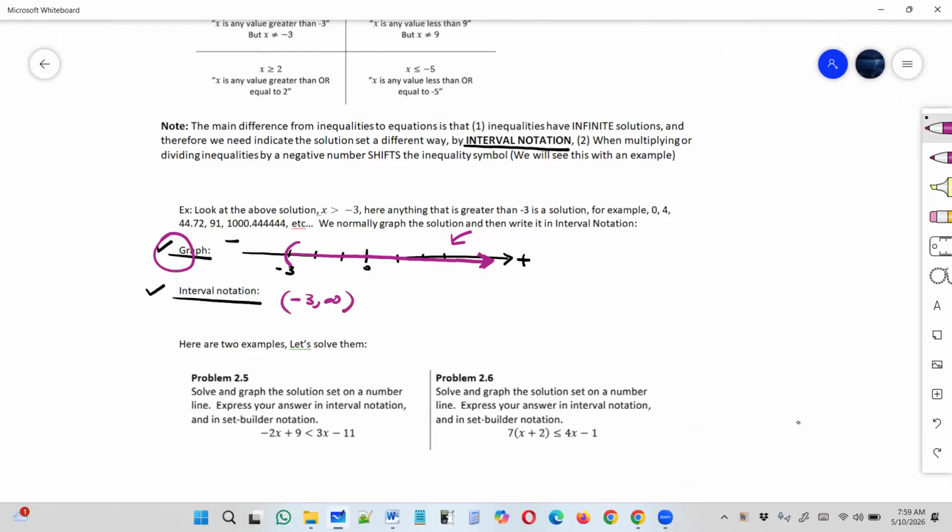We'll see more examples, don't worry about it. If there was an equal sign here, bracket, -3, comma, infinity. Now, the infinity can go to either side, positive or negative, and we always use parentheses with it. If it's on the right, it's just positive infinity, and if it's on the left, let's say something like this, negative infinity. Okay, always parentheses, never bracket.